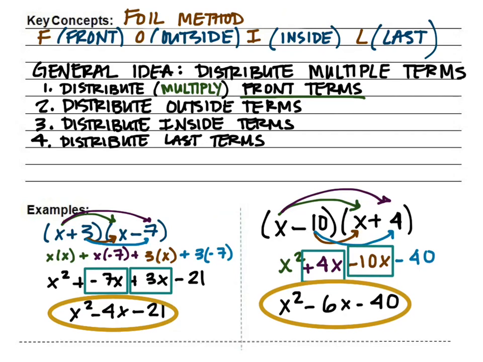So the last step that we need to indicate on this, which is the most important step I would say, is to combine any like terms, and then to box in our answer.